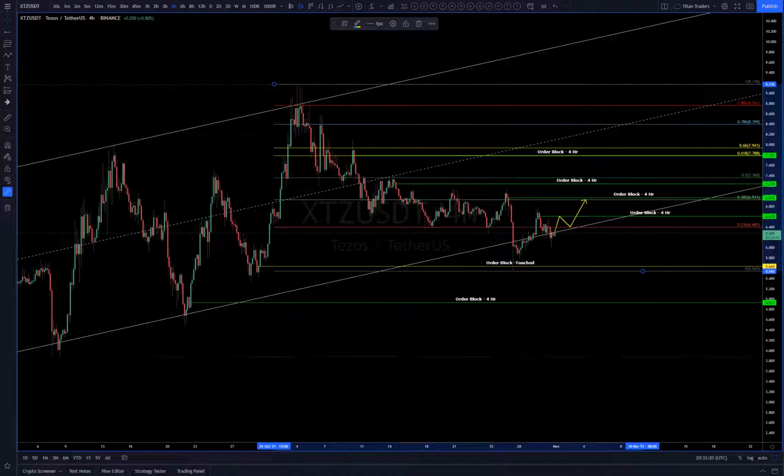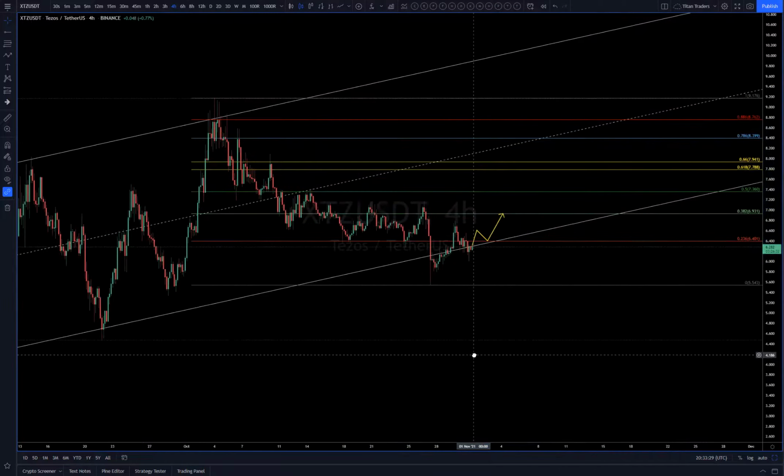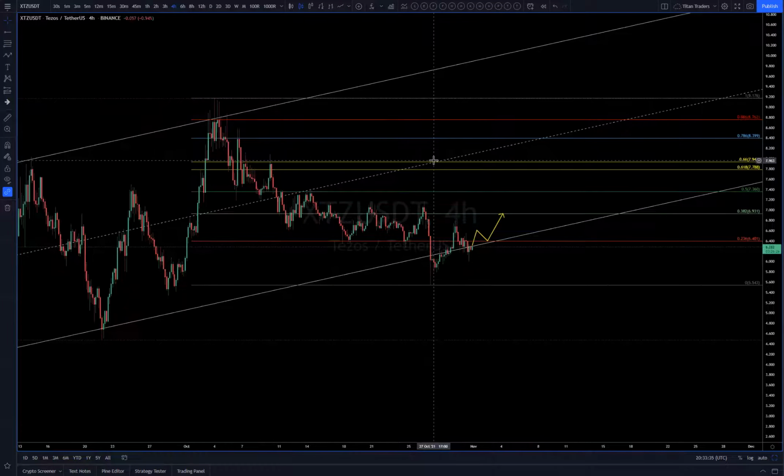Let's hide some of the horizontals. 618 showing resistance over the middle of the channel, but I wouldn't count on that here because I wouldn't expect the price to go straight up.